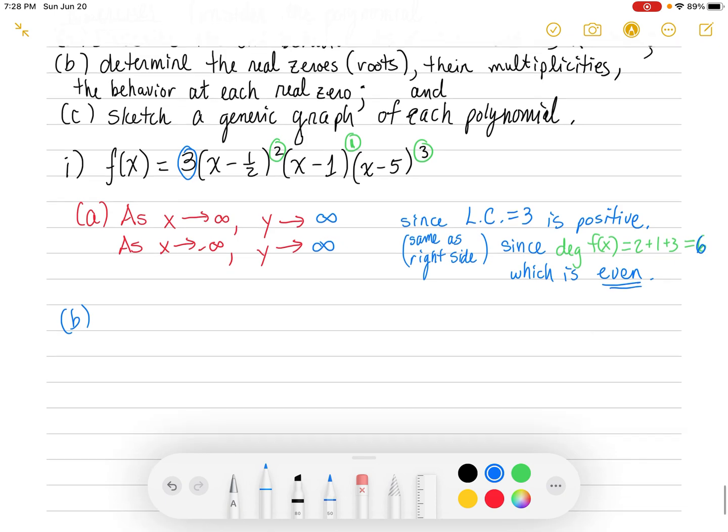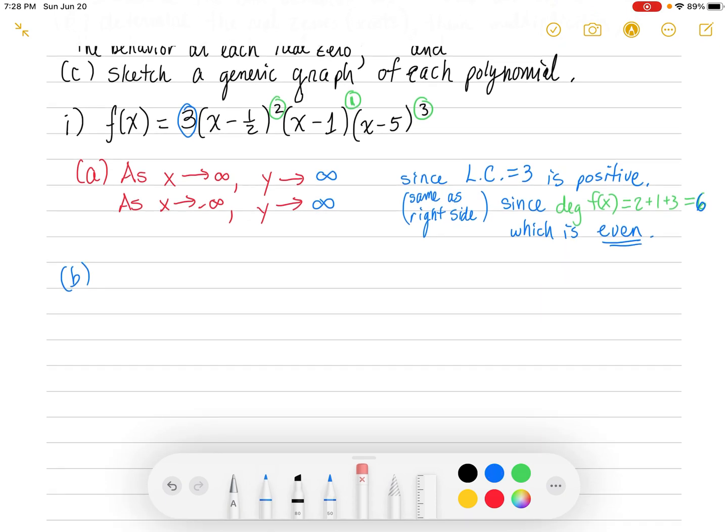Now we're going to do B. I've got these different factors.